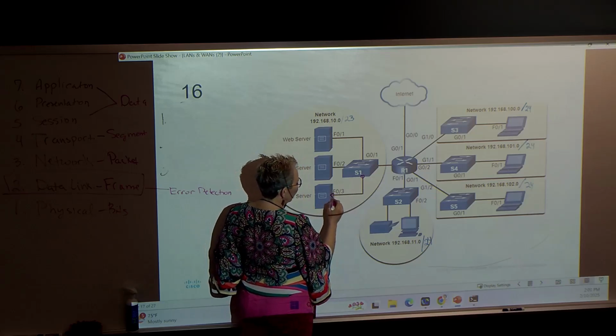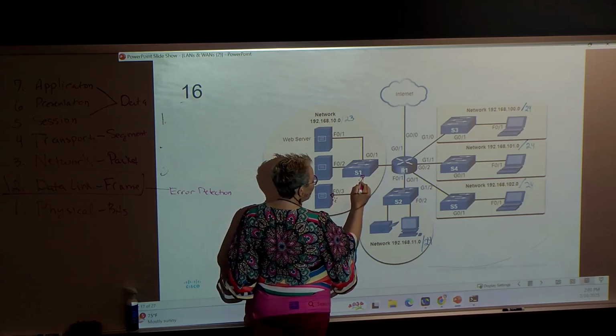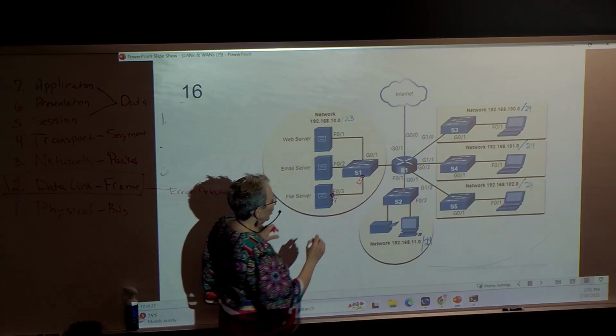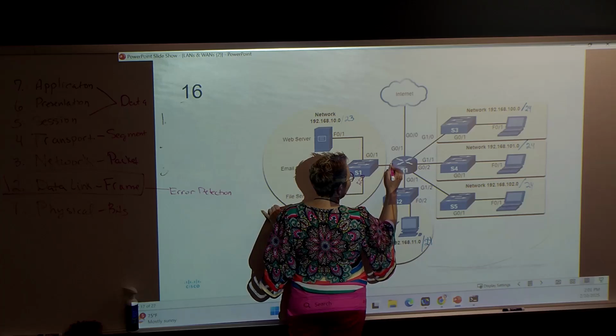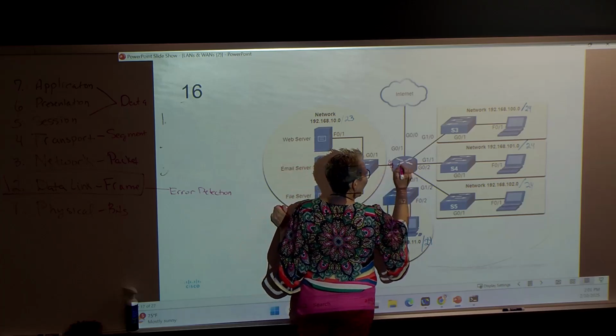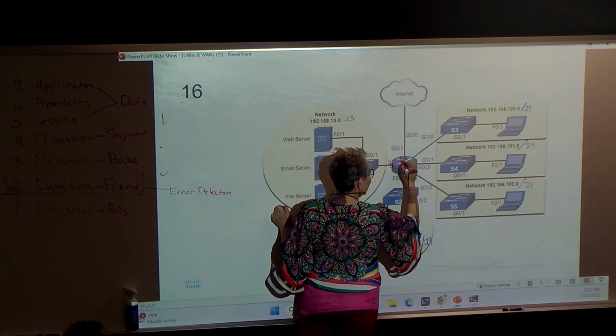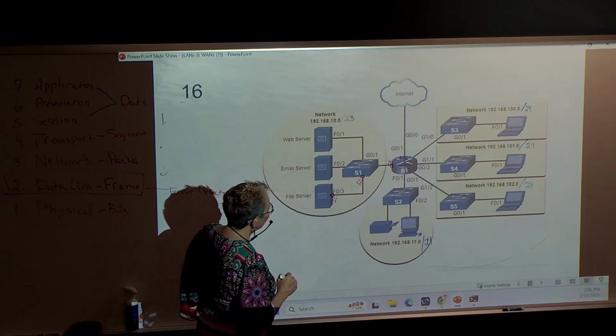We also know that they have a layer 2 function. And then we know that right here, this is a default gateway. It has a layer 1 and a layer 2 function. The router, its logical brain, is where layer 3, the network layer, is.